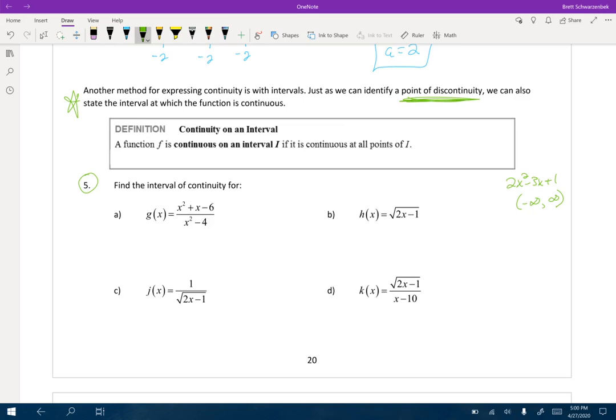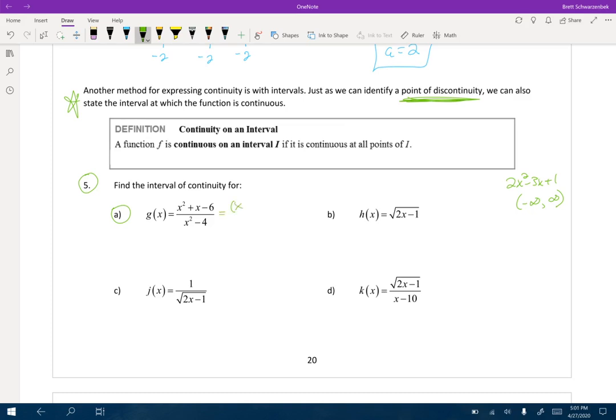So for g of x, which is for letter A here, if you look in the denominator, we've already seen this before. I need to change that at some point. But we've already learned that we're dealing with points of discontinuity at 2 and negative 2. If you want, we can do the factoring.